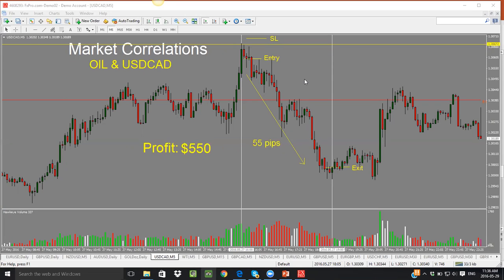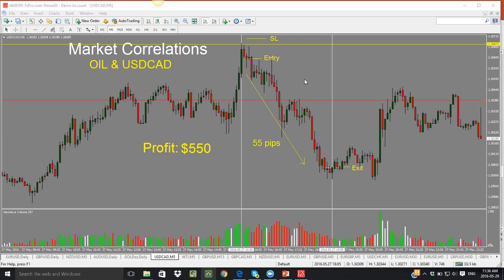Wednesday is a good day to look at this correlation, especially because the inventories come out at 10:30 Eastern on Wednesdays. When there's an oversupply, oil will go down, and as a result, dollar CAD will go up.